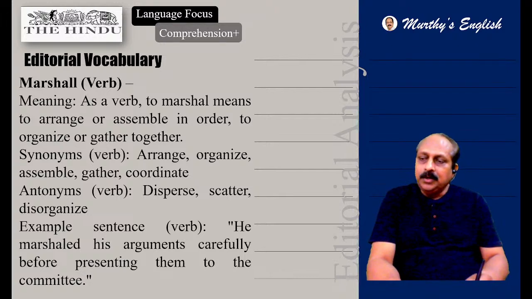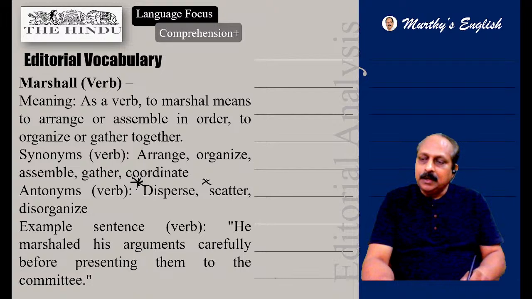Marshal can be a noun, can be a verb. I haven't brought the meaning as a noun, I have brought the meaning as a verb. As a verb, to marshal means to arrange or assemble in order to organize or gather together. You bring a lot of people, that means you marshaled a lot of people. Synonyms: arrange, organize, assemble, gather, coordinate. All familiar words. Antonyms: disperse is an important word.